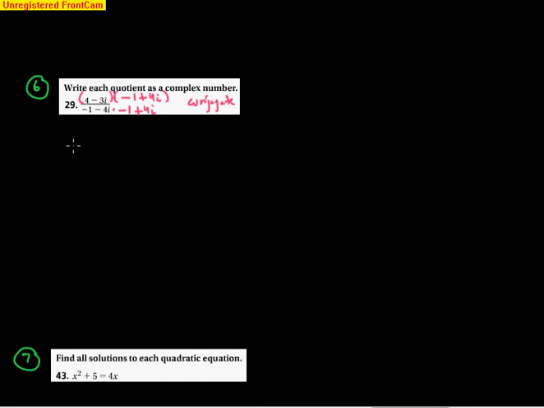Okay? So 4 times negative 1 is negative 4. 4 times positive 4i is 16i. Negative 3i times negative 1 is positive 3i. And then negative 3i times positive 4i is negative 12 i squared. And now immediately, i squared is negative 1.